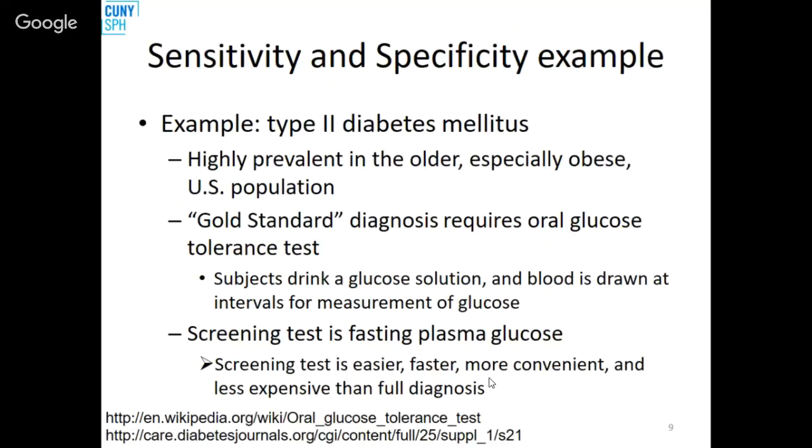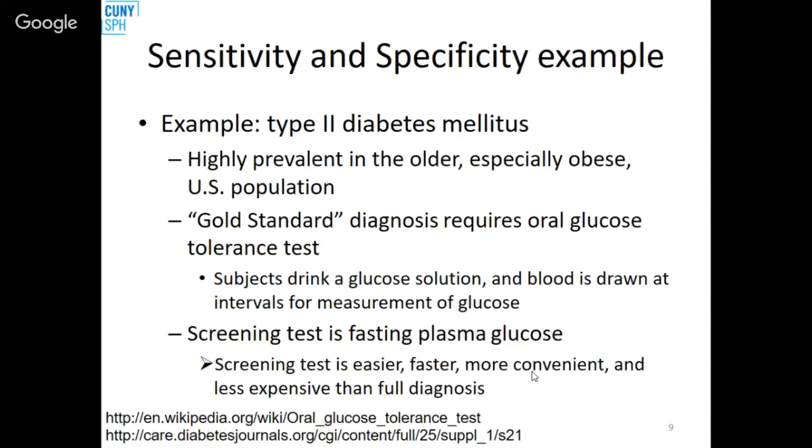They can't actually measure the rate of decline after your glucose intake. It's just under an assumption that after a period of fasting, it should go below a typical level. So it's easier, faster, more convenient, less expensive, but also less accurate.